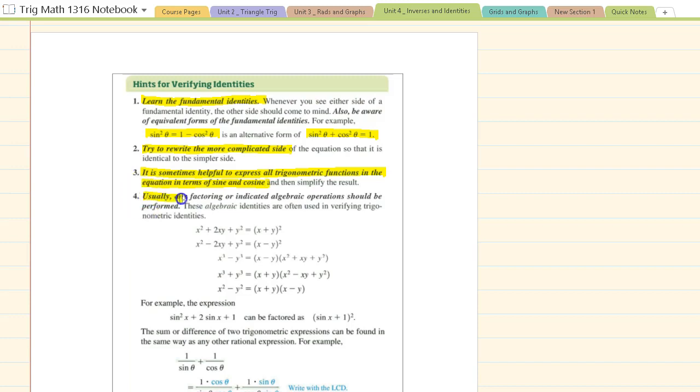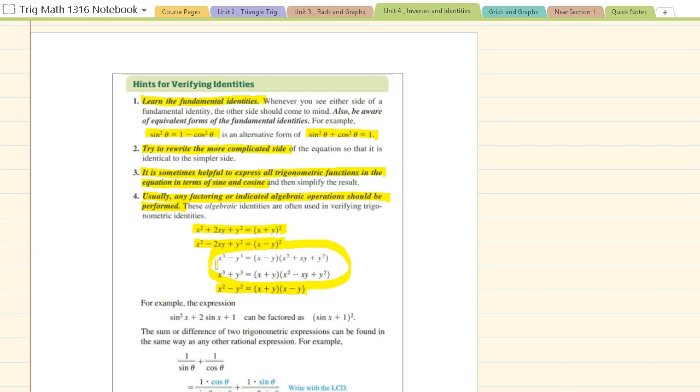The fourth one is usually any factoring or indicated algebraic operations should be performed. So for example, we can see our factoring guys that we talked about in our review. Notice we did these 3, but the other 2 about difference and sums of cubes can also be seen in verifying identities, but maybe not as often as the other ones.